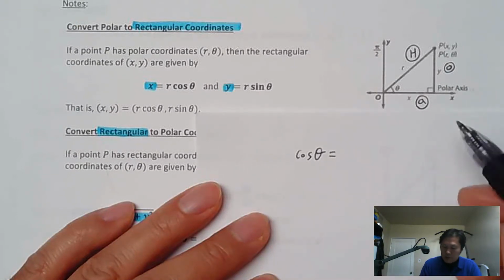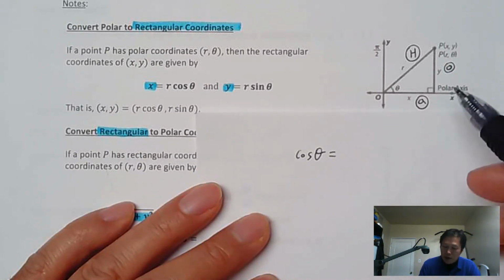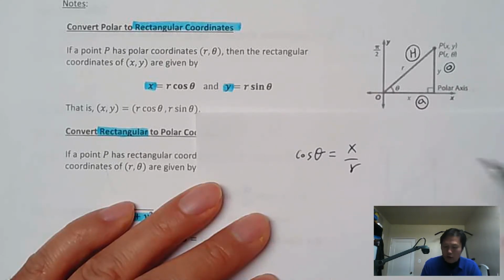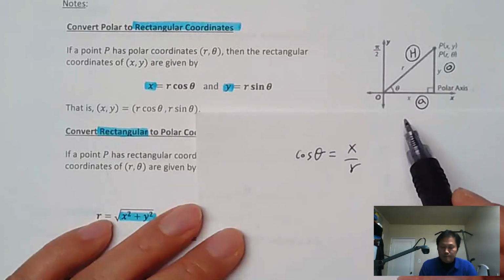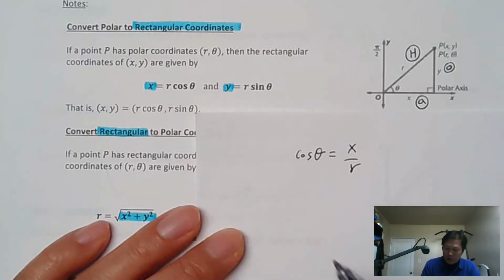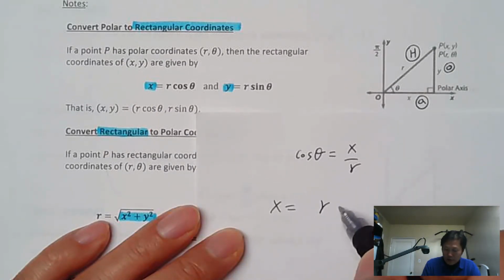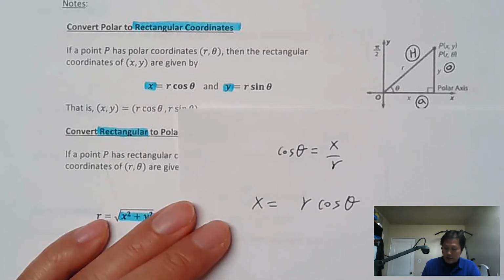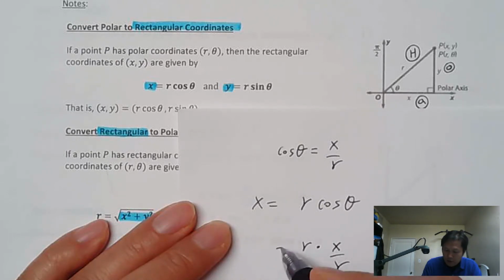If you calculate cosine theta, it is A over H, so x over r will be cosine theta. So if you look at the formula x equals r times cosine theta, it is the same as r times x over r, which is x.